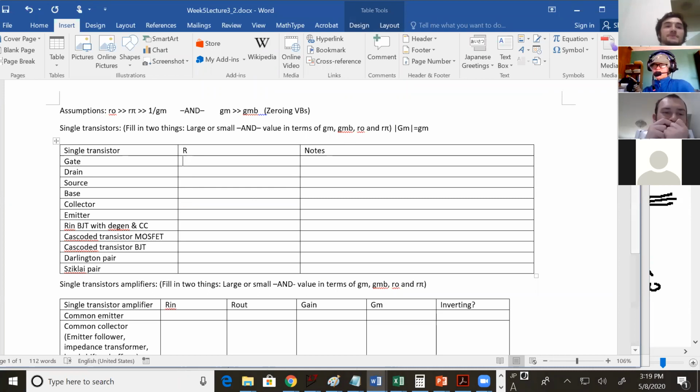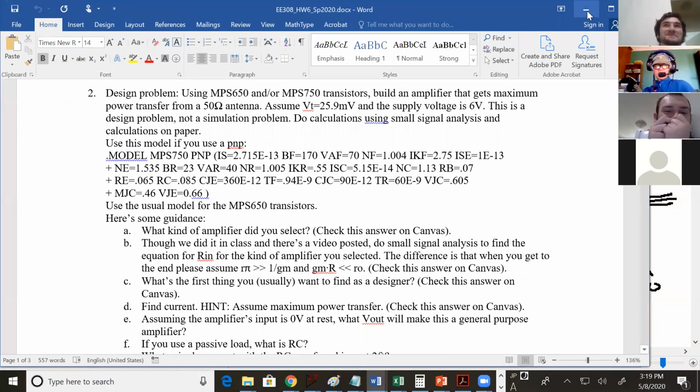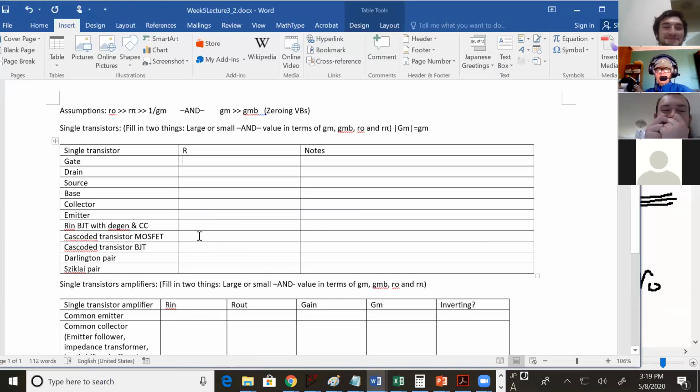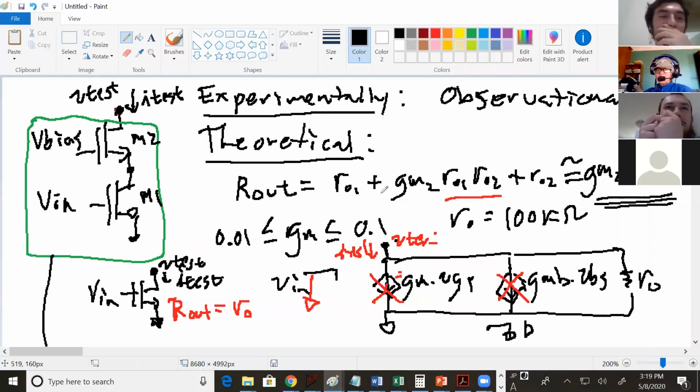Okay. So for the cascoded MOSFET, were you all here? Did you go through the derivation of this equation, or did you see the video? Okay. Anybody not raising their hand?